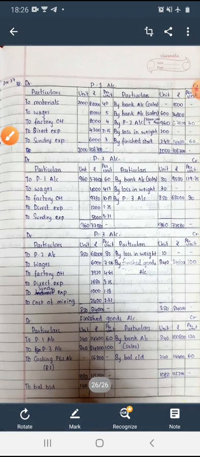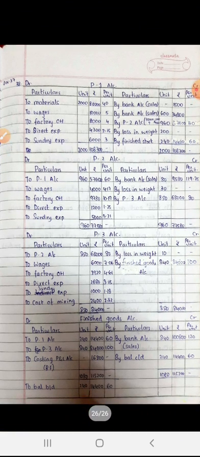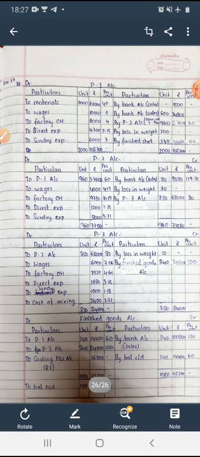Next, now prepare the finished goods account. Under the finished goods account, output of process P1 and output of process P3 are transferred to the finished goods. P1 and P3 transferred. And one more thing is there: output of process 3 sold at 120 per unit, right? So by bank account, output of process 3, 840 sold for 120. So how much? 1,800,000.